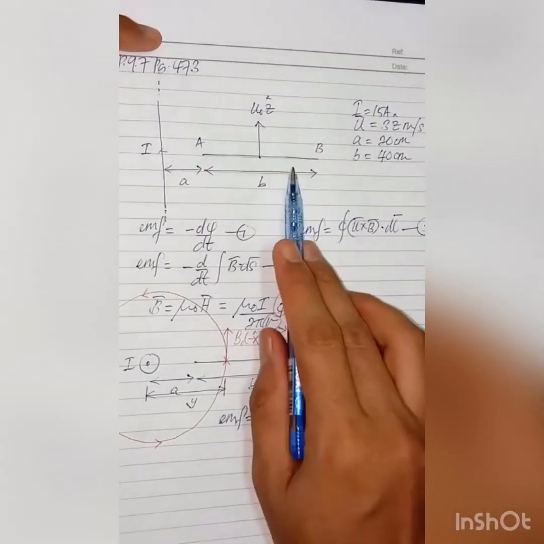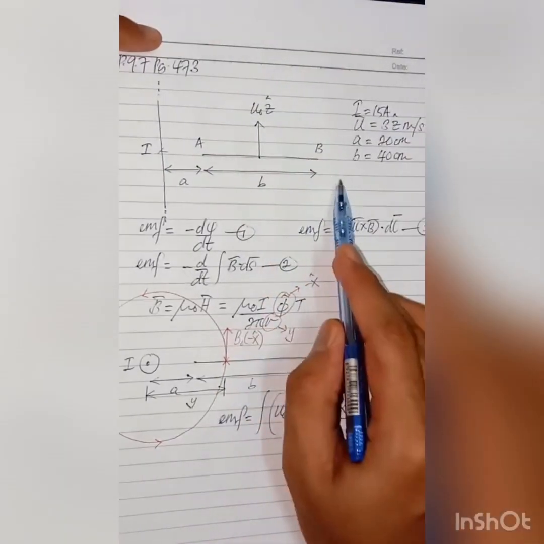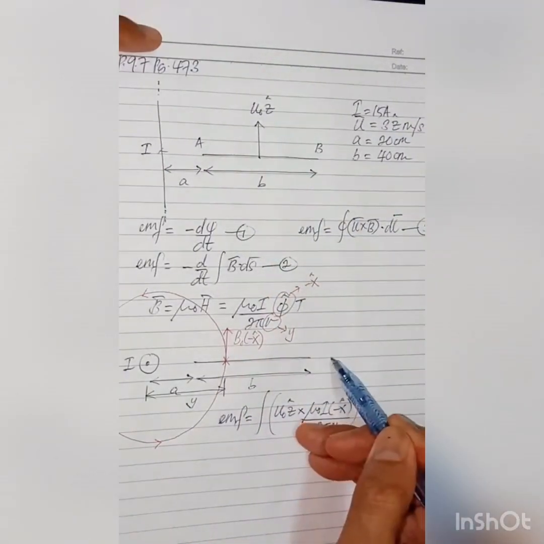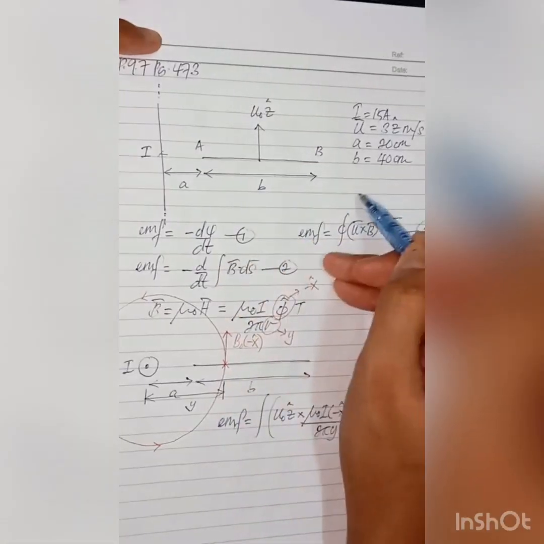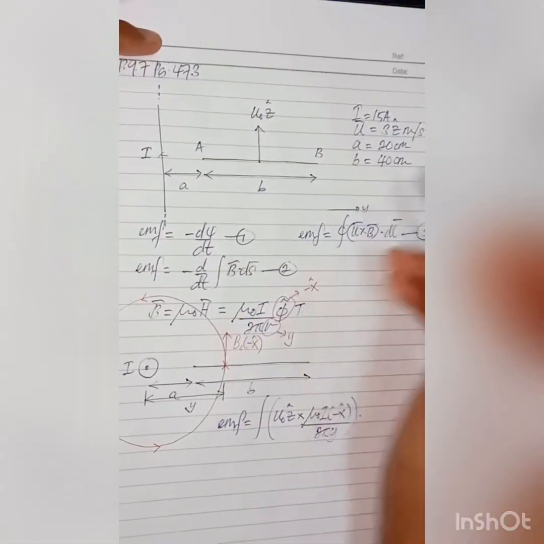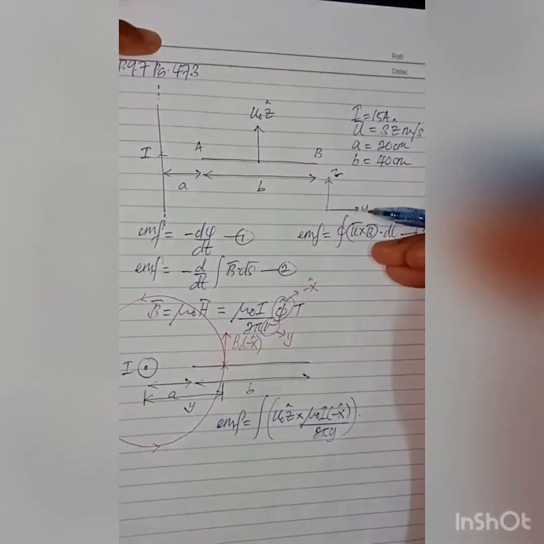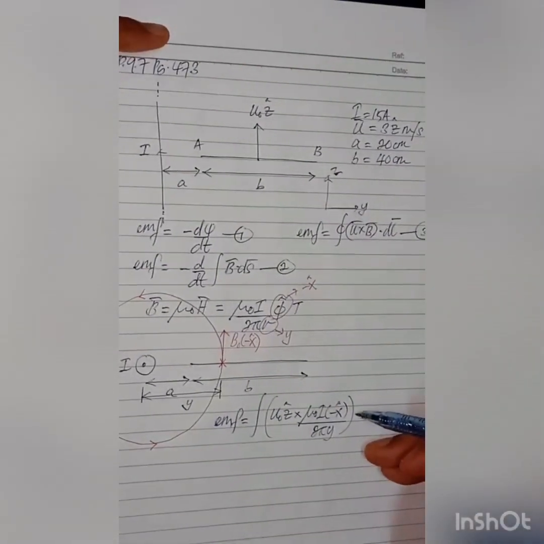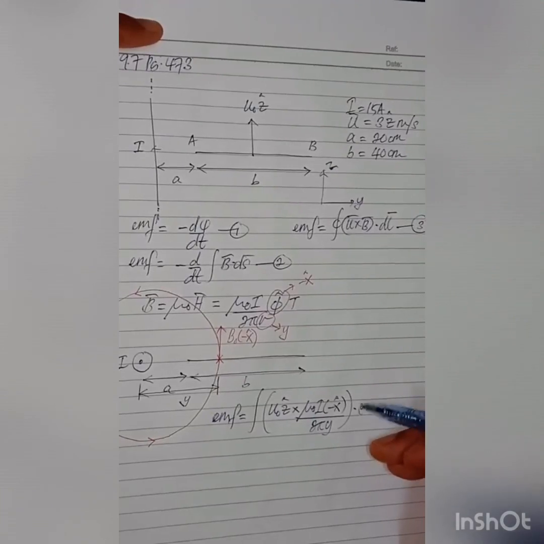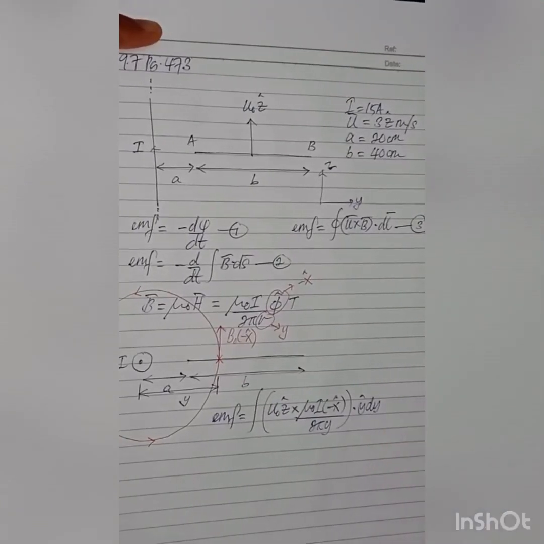Since the rod is now placed along the y axis, that's our y, and that's going to be our z. So we can simply use dl equal to dy in the y direction.